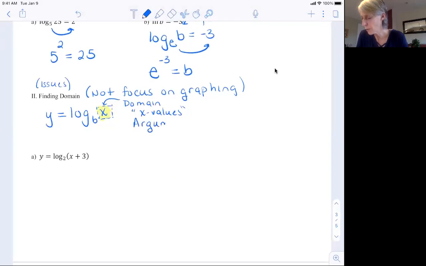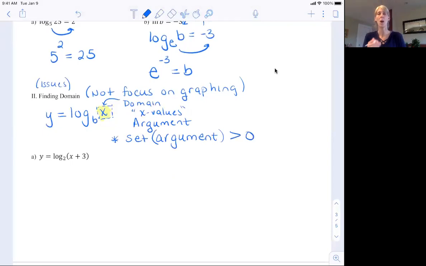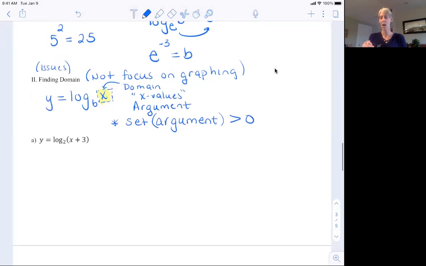So when you hear me refer to the argument, I'm referring to that expression, however complicated or simple it is. And to find the domain, we just set the argument greater than 0. Because remember, our original log function's domain is x is greater than 0. So we always want to understand that.